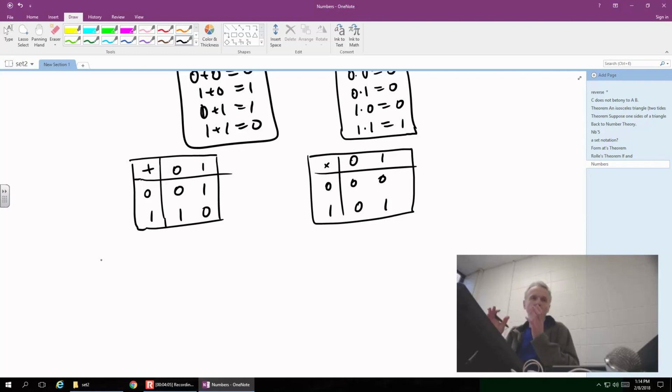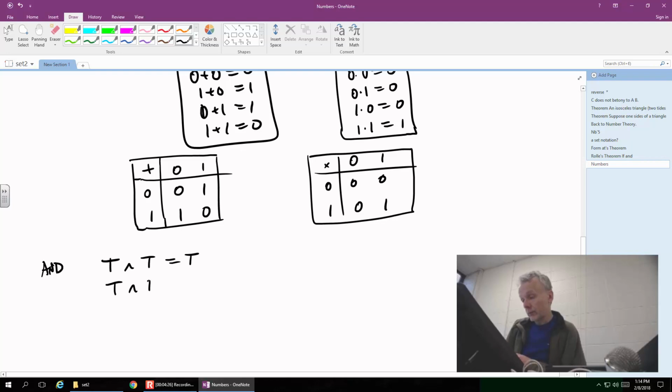I don't think we ever formalized it in the algebraic way, and that's why it's a good time to do that now. So, for example, starting with and, so true and true.